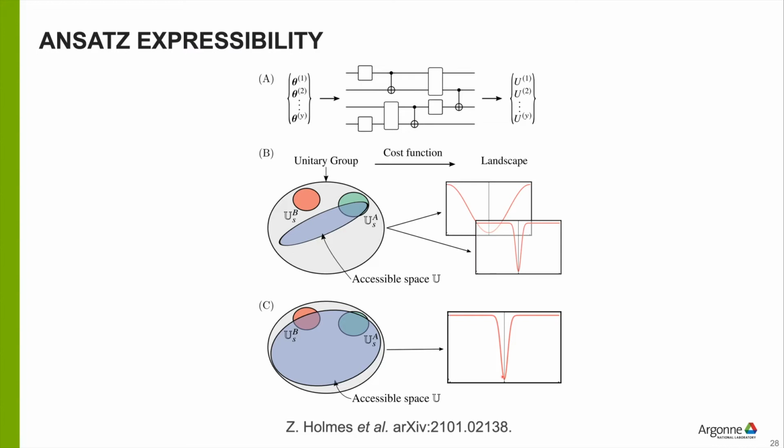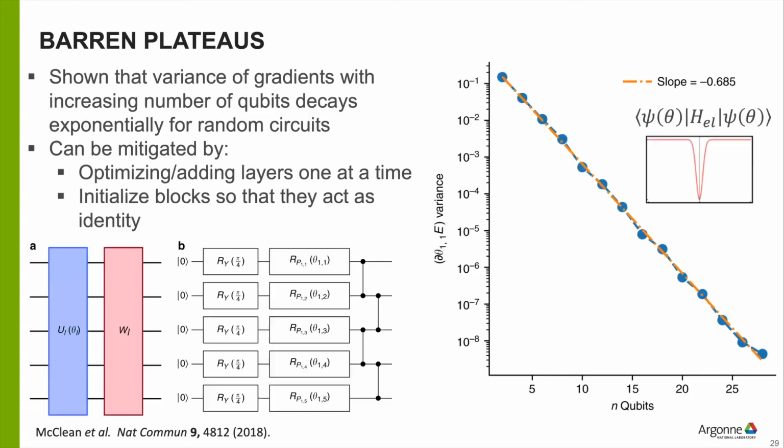space where you have non-zero gradient, and that's the famous problem of barren plateaus, where a couple of years ago it was demonstrated that when you start increasing the size of the system, so the number of qubits, the variance of the gradients decays exponentially, and that's for random circuits. And the hardware efficient ansatz is basically a random circuit in a sense.